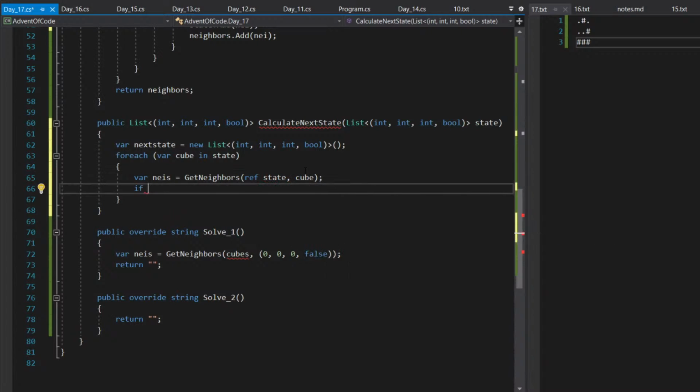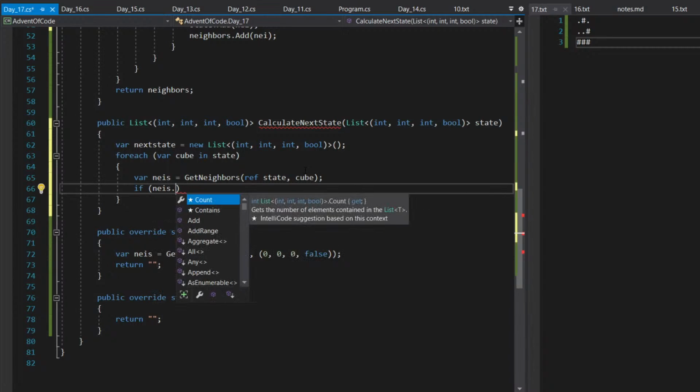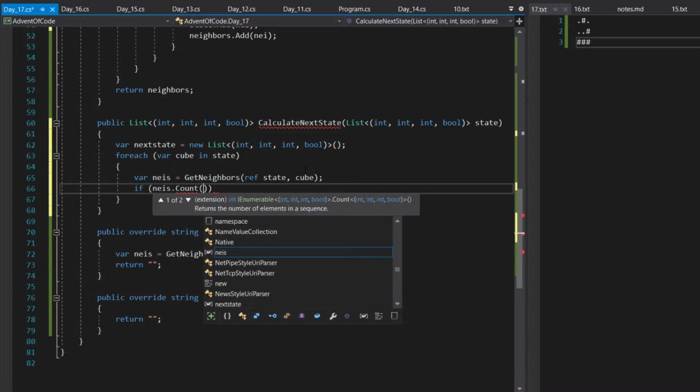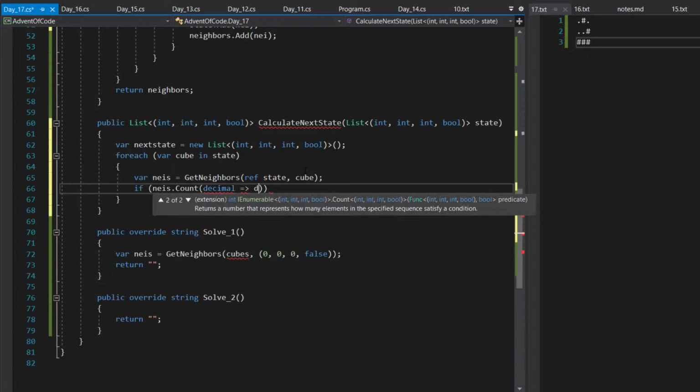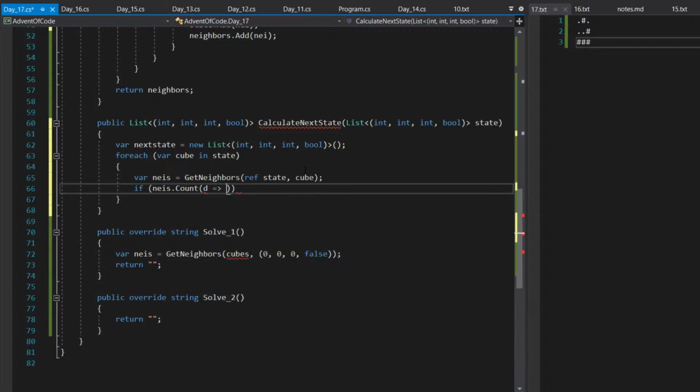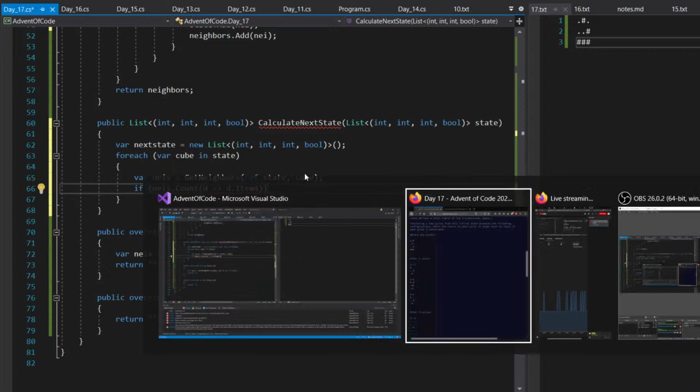All right, and if neighbors, we want to count. This should be our active count.